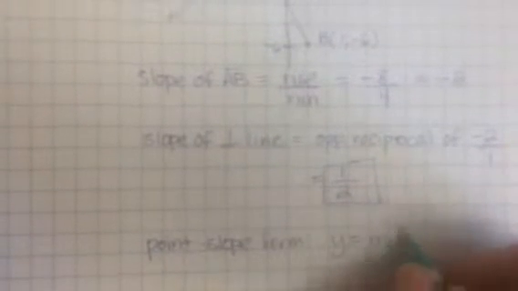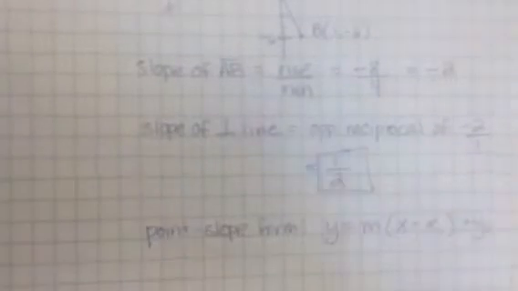Okay, so we recently learned point-slope form of a line, which is pretty handy in this situation. So point-slope form is y equals m times x minus x1 plus y1, where m is the slope, okay?